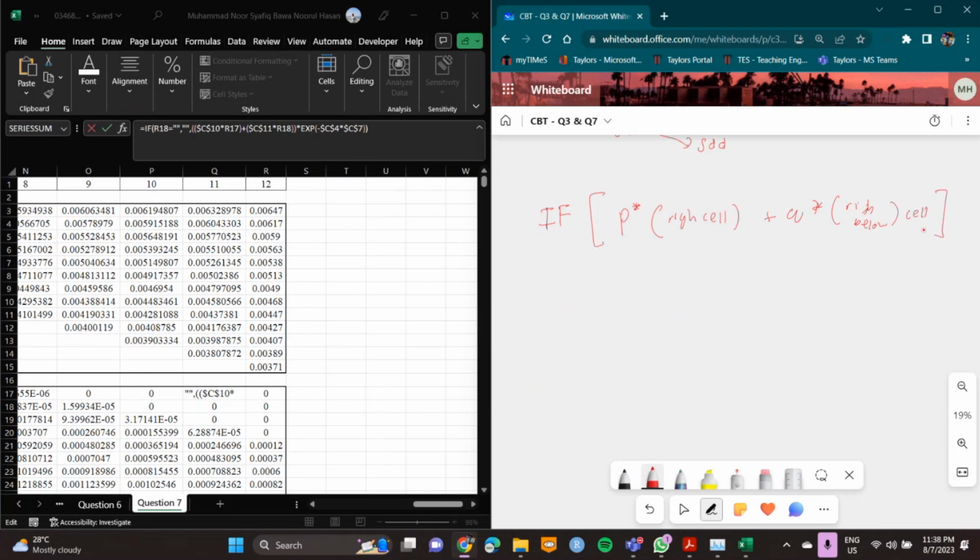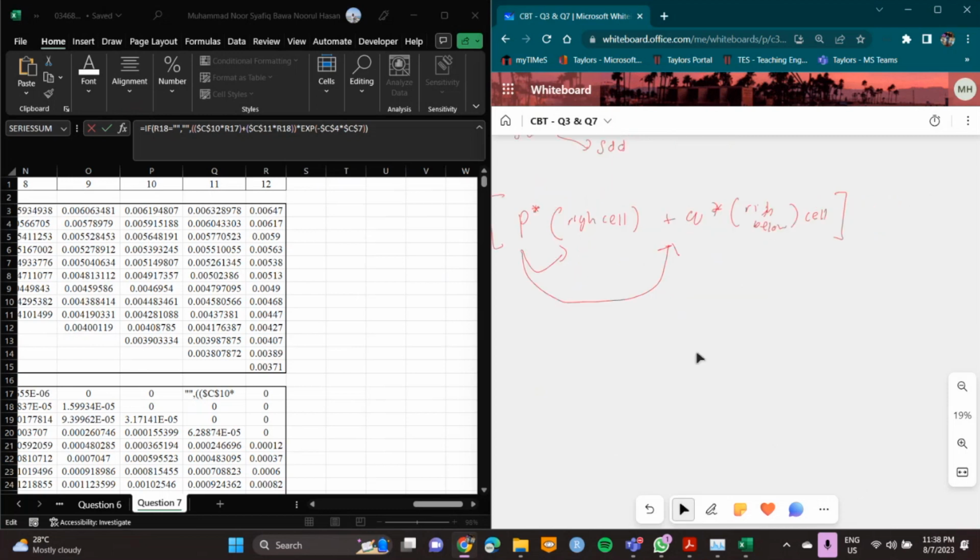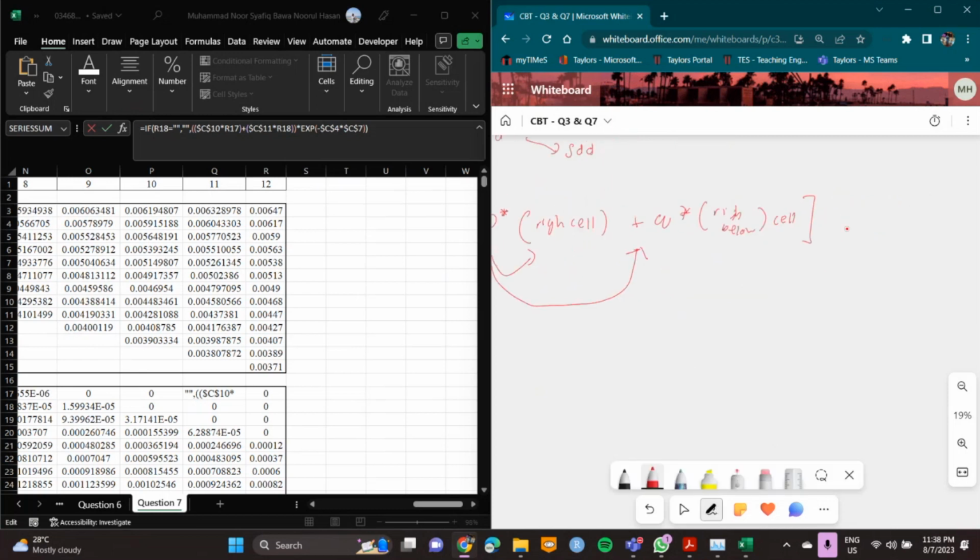So when we do that, we are denoting the probabilities for each of the payoffs. So the whole thing, when we times with e power of negative RH, we will get the price.